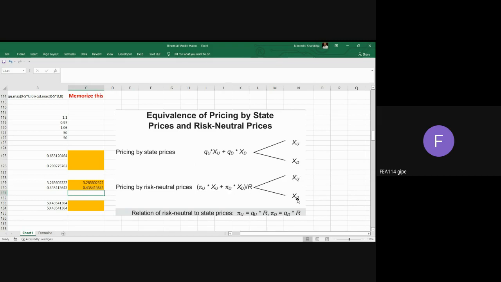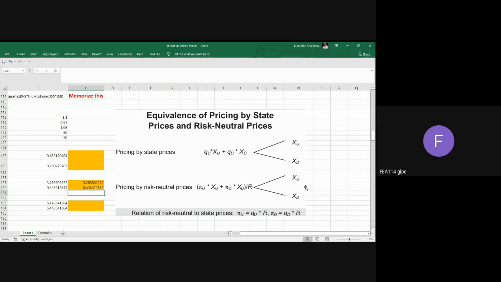This is what you have learned in statistics: if a variable has two values, and the probabilities are P1 and P2, we multiply P1 into X1 and P2 into X2, and that becomes the expected value. So the expected value when it goes up XU and goes down XD is pi U XU plus pi D XD.